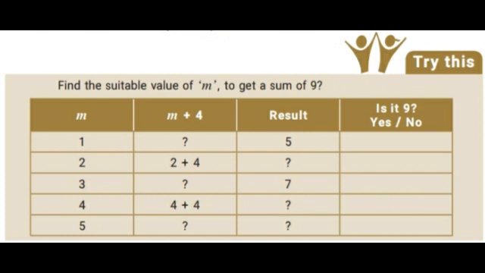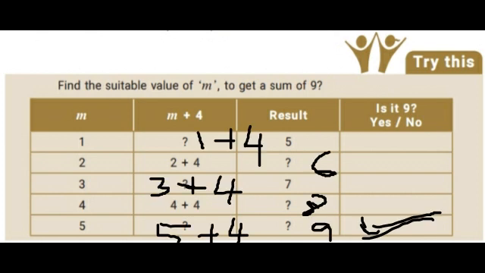First value, m is equal to 1. We are going to apply it in m plus 4. If we substitute m equals 1, 1 plus 4 is equal to 5. Is it equal to 9? No. Now the second one, m is equal to 2.